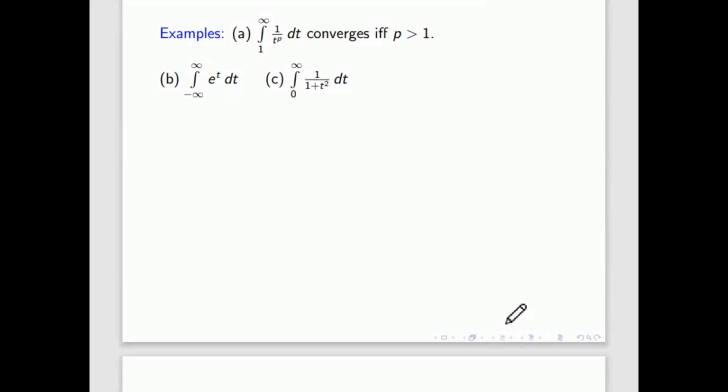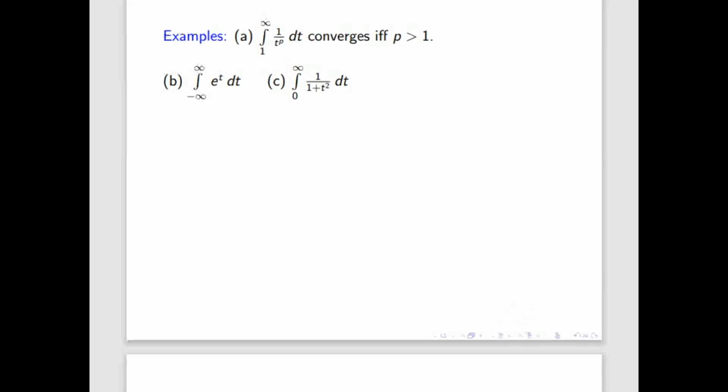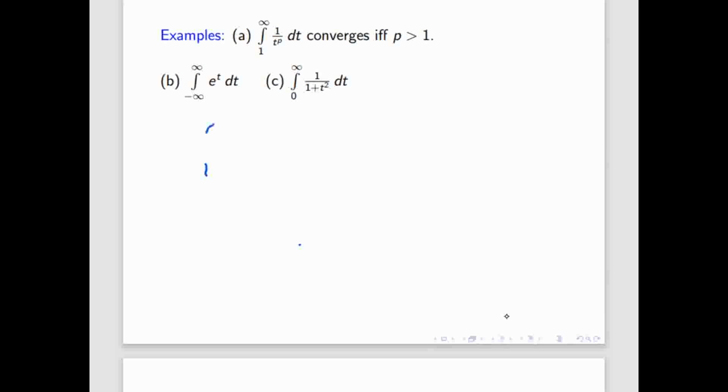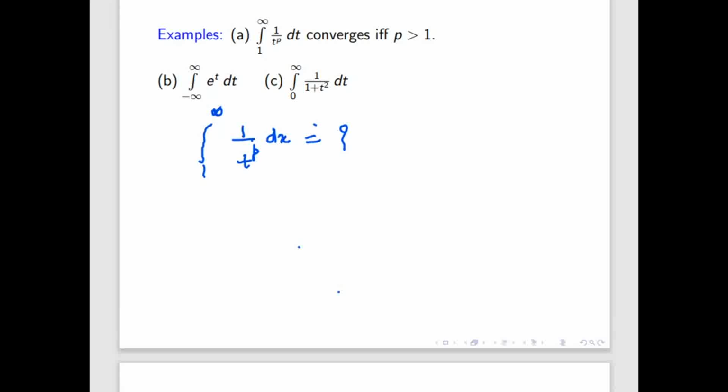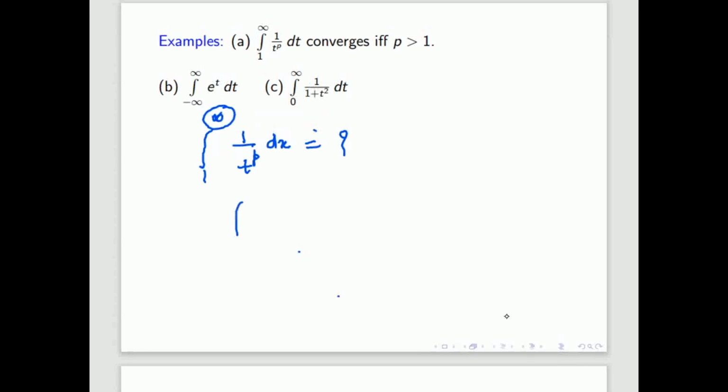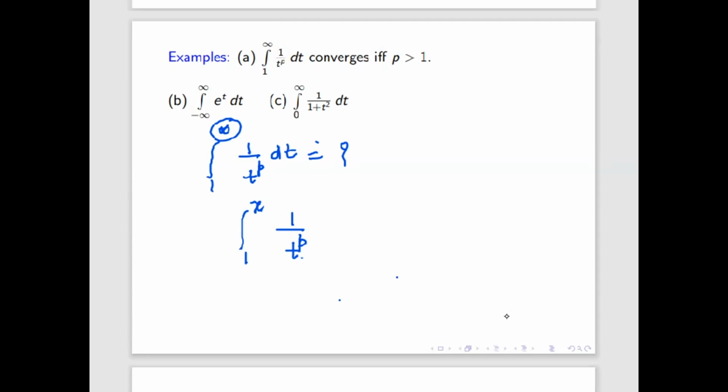So the first question is the integral of 1 upon t to the power p dt from 1 to infinity. We have to find whether this is convergent or not. So instead of this, we'll solve this problem, the integral from 1 to x of dt.